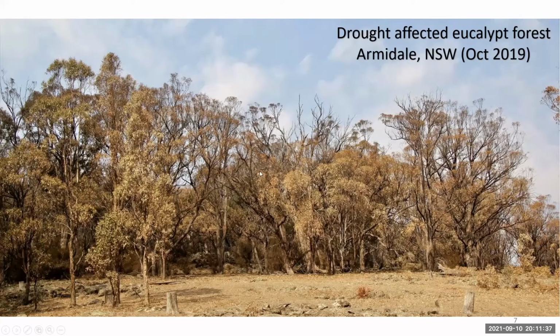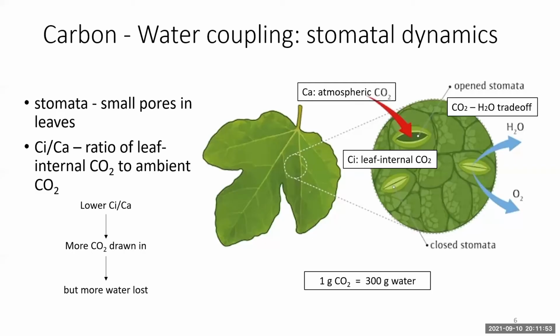We can see that all these trees are showing a lot of browning of leaves, which is just the huge amount of canopy death that we saw. And whenever such conditions exist, these stomata close themselves so that they don't lose a lot of water.